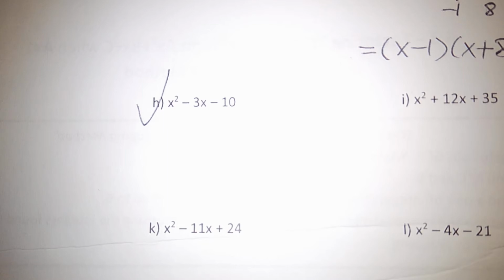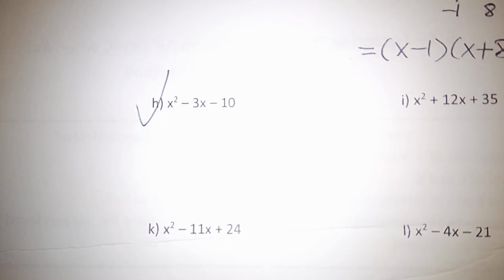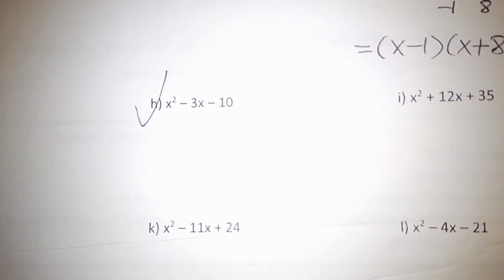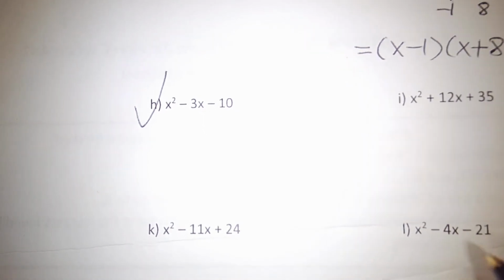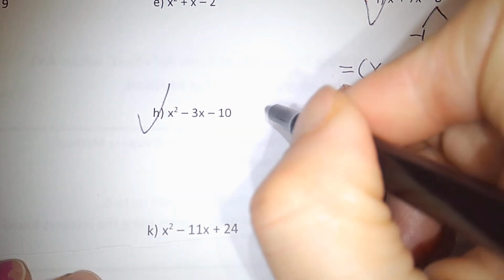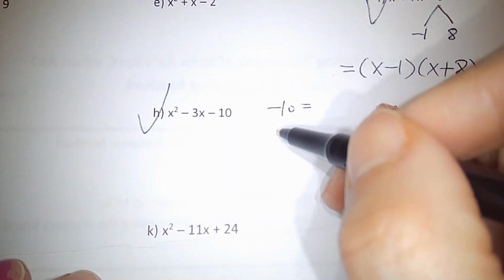Any idea? Cameron, you have an idea? No? Factor negative 10 such that the sum of those two factors equals negative 3. Try it! Write it down on the side!